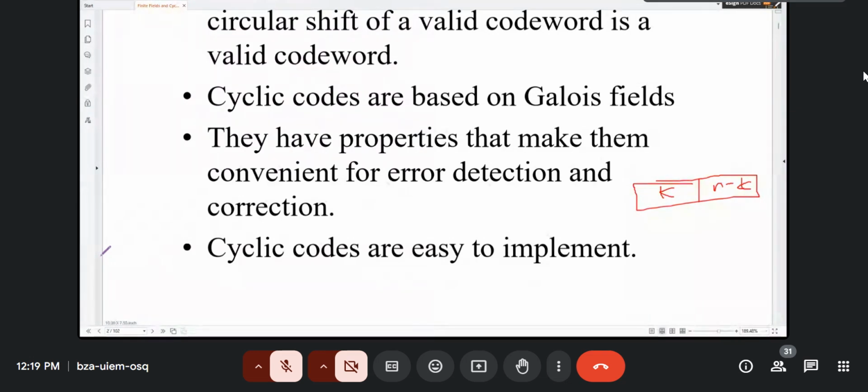Actually, it can happen if you have more than one error, because that only works with one bit error. If more than one bit is in error, you will not get that. It's only when your error vector has only one bit.